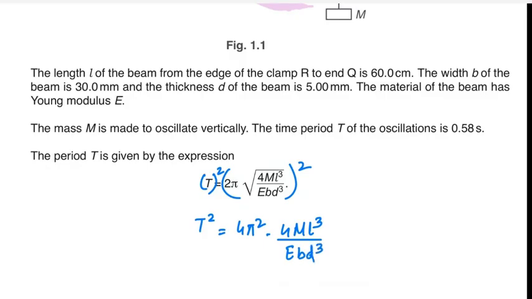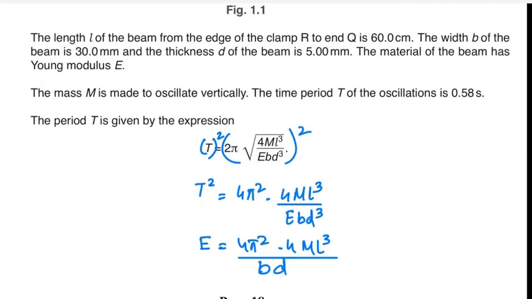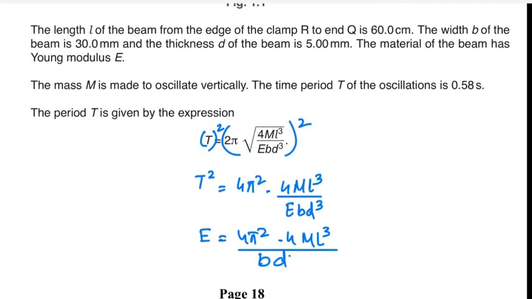So we needed to find E. Simply E equals 4 pi squared into 4 m l cubed over b d cubed into T squared, right?